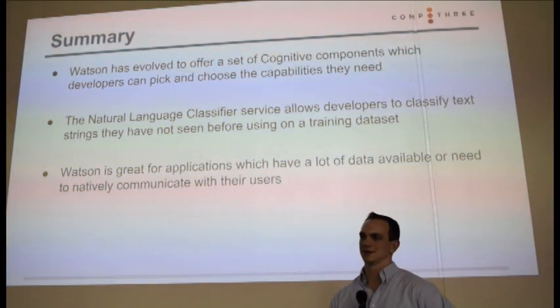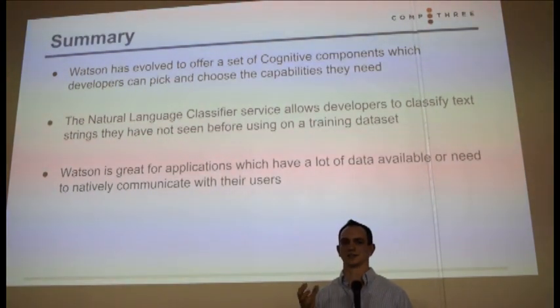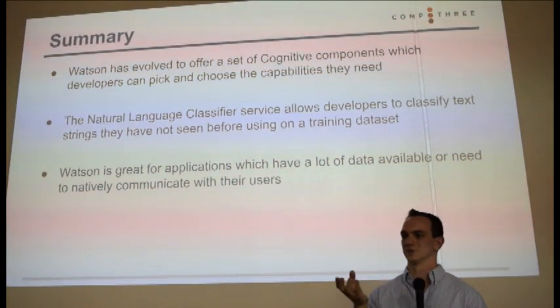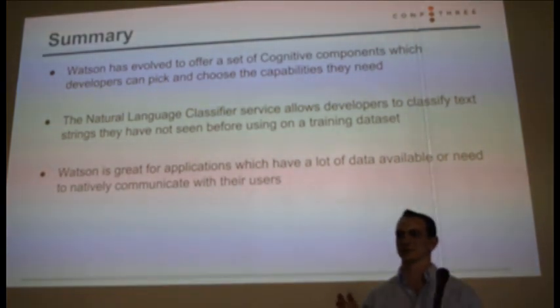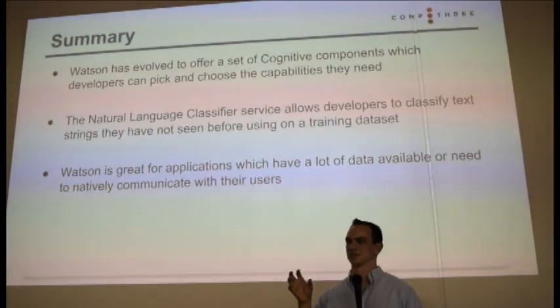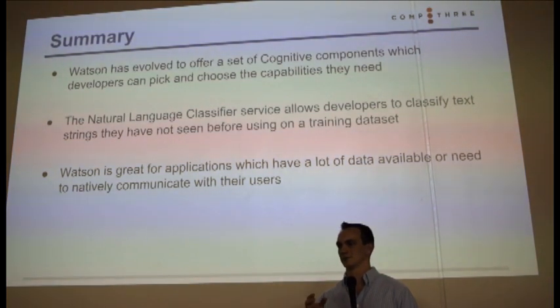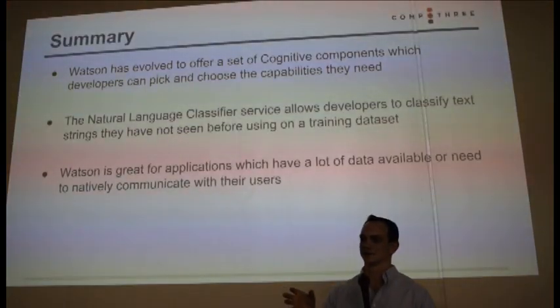Okay, so the question is, if you have a multi-step question and answer and are making decisions based on that, if you need something else, the answer is yes. You would use the dialogue service to orchestrate this whole conversation that you're having. And then each of the individual steps and decisions on what to say back, and then ask for a different response, would be using the natural language classifier in conjunction with the rank and retrieve service.